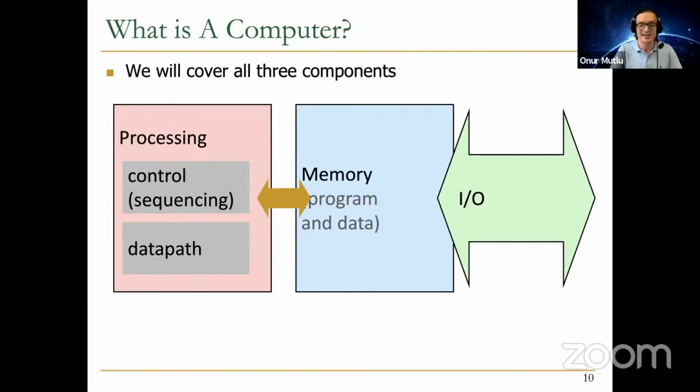This is a slide from one of the earlier lectures, actually. I said we will cover all three components. And we have covered memory a little bit. It's true, we have covered memory a little bit, but we have never focused on it. So now we're going to shift the focus to memory. And hopefully you know the processing side of things extremely well. I/O, we've always kind of covered and kind of not covered. There's a lot over there.